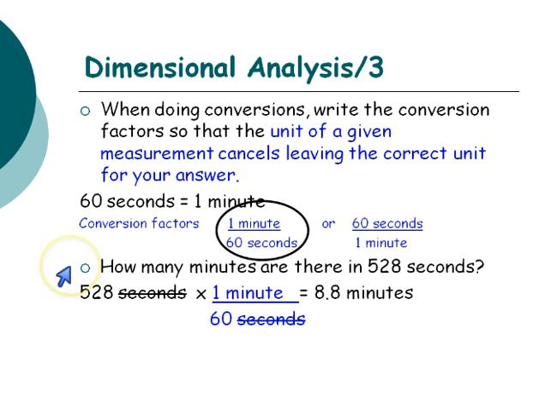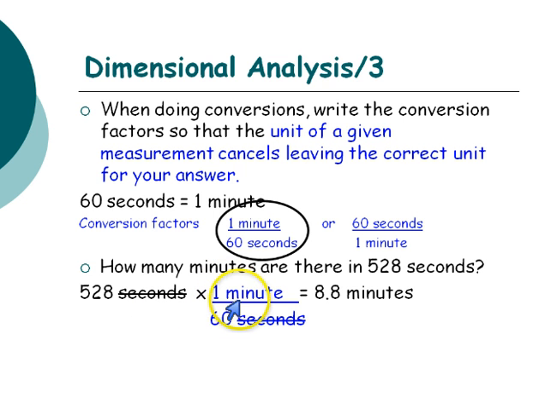So we have a question here. How many minutes are there in 528 seconds? The 528 seconds is our given, and I call that our given because we put that first. We have seconds here, and we want the seconds to cancel out. So therefore, we would use this one: 1 minute is to 60 seconds.